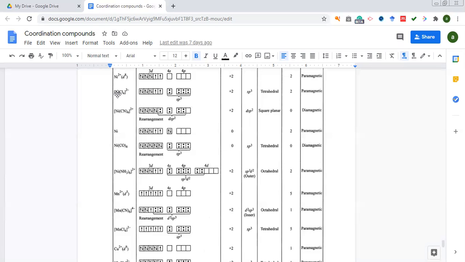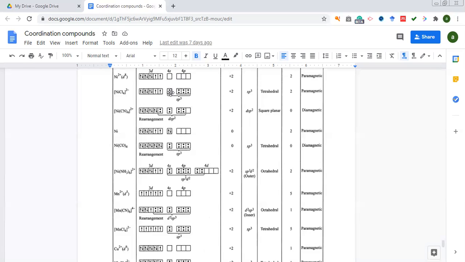Next, this nickel is going to take up lone pairs of electrons from the ligands, so we look at the coordination number. Here the coordination number is 4. That means nickel has to provide 4 vacant orbitals: 1 from the s orbital and 3 from the p orbitals. These orbitals of similar energy undergo hybridization, known as sp3.